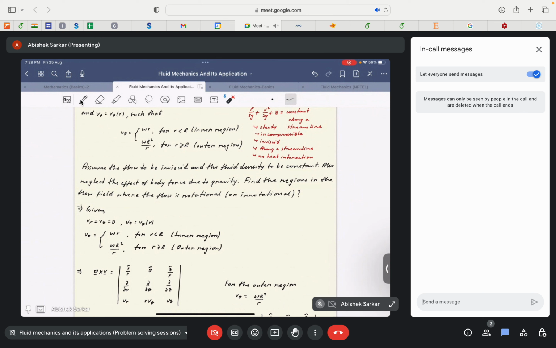To find whether the flow is irrotational or rotational, we need to find the curl of the velocity field and check whether it is equal to 0 or not. If it is equal to 0, then it is irrotational.